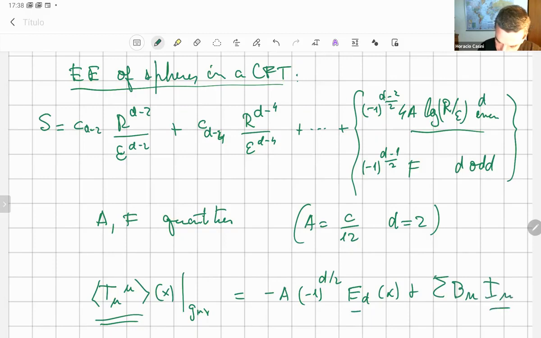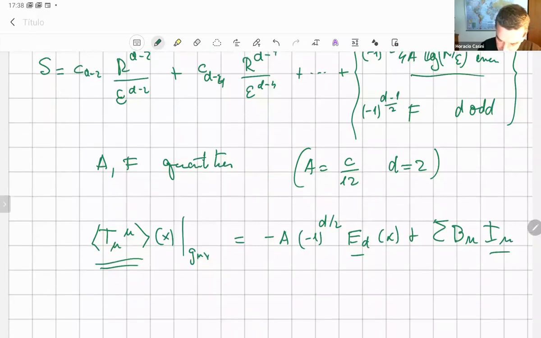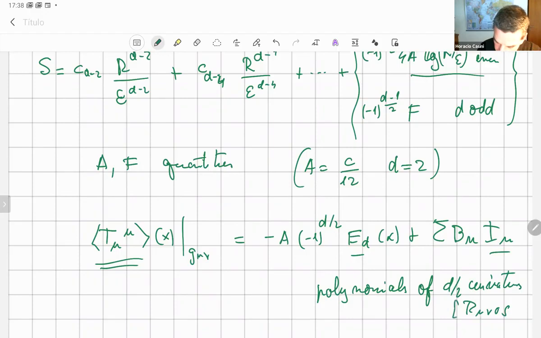Where these are polynomials of the curvature, so they are polynomials of D over 2 curvatures, because the R mu sigma delta has dimension 2.